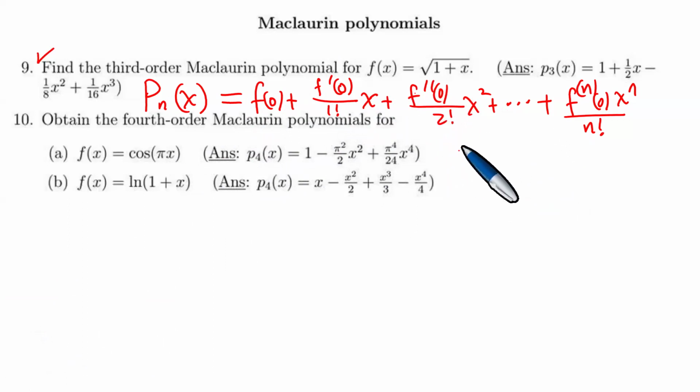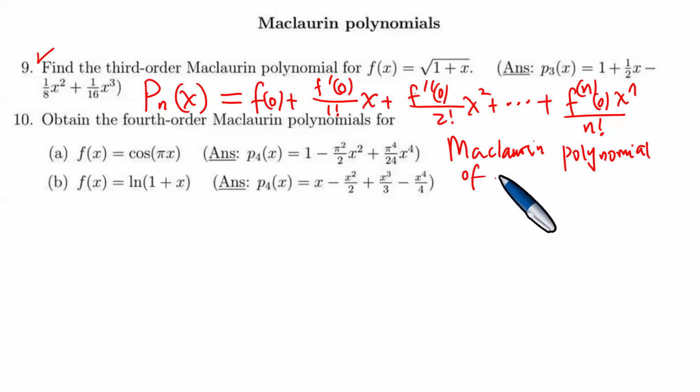We call it the Maclaurin polynomial of degree n. This is the formula. That's all. If you know this formula, it's everything you need about Maclaurin. If you learn this formula, to solve any problem, we'll have to write this formula first.